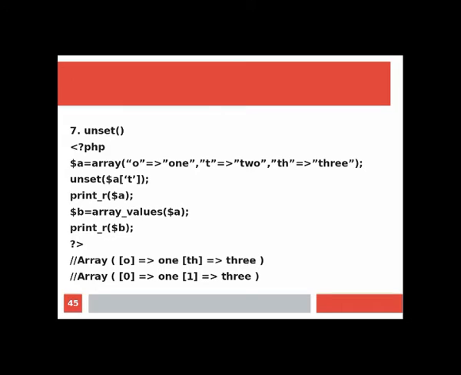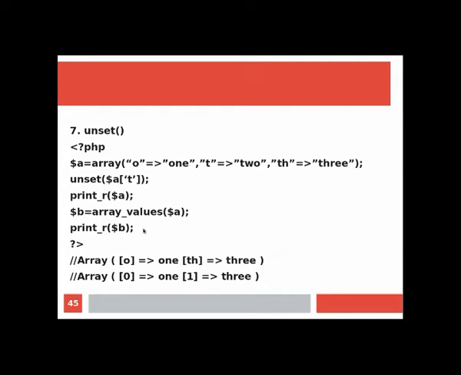Next statement, print_r($a); Because t => 2 is removed, the array will be printed as Array([o] => 1 [th] => 3). This is printed because of print_r($a).